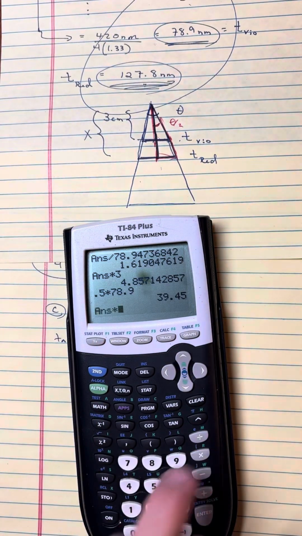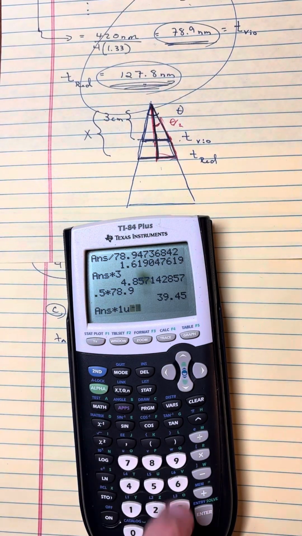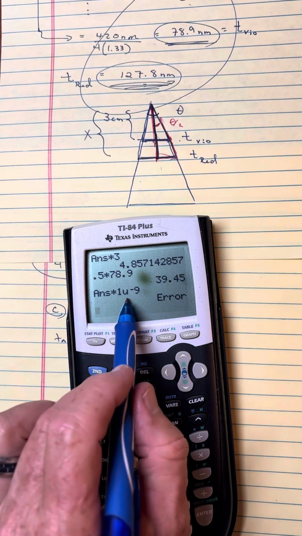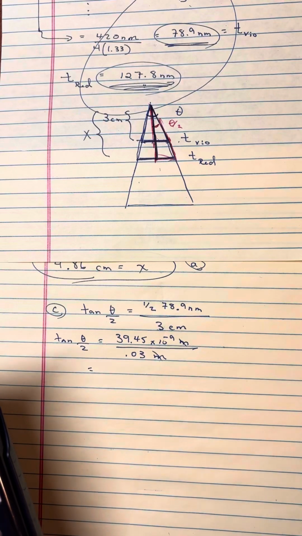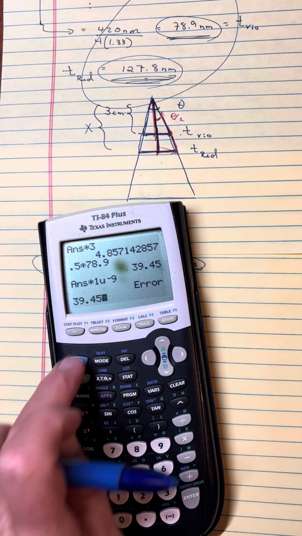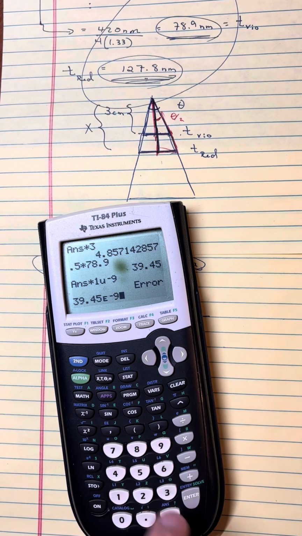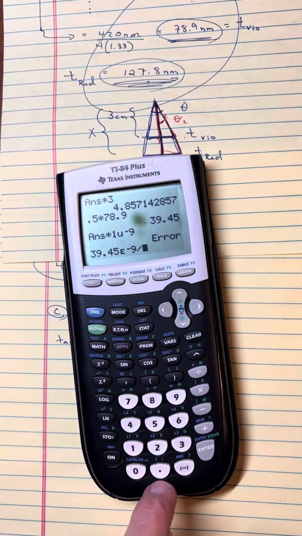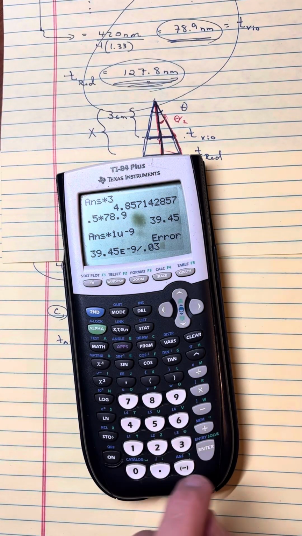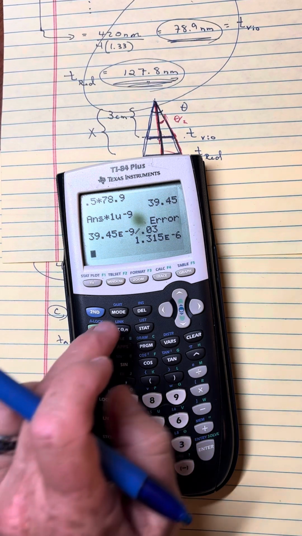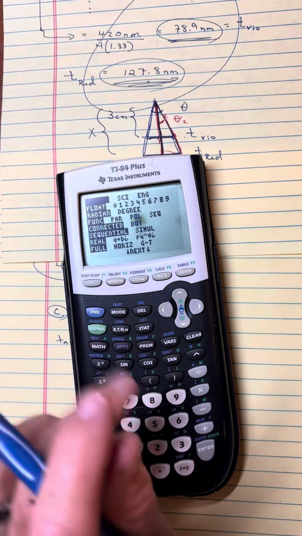So if I take this answer and multiply it by a nano, oh, little typo there. Let me try that again. 39.45 nanometers, and then divide that by the 0.03 meters for the 3 centimeters. I get this ratio. And I'm in radians.